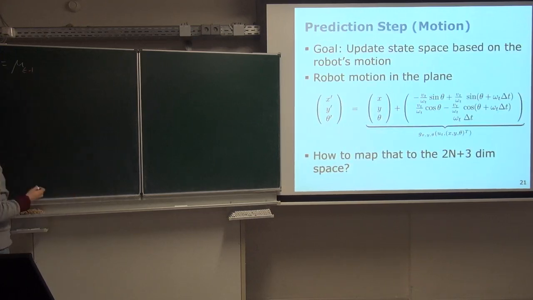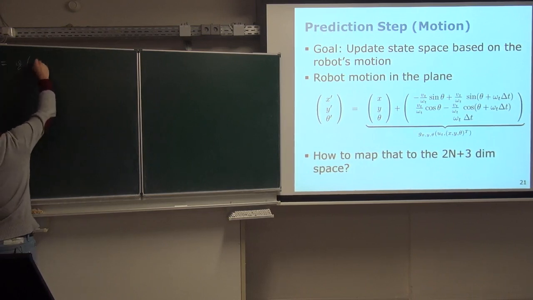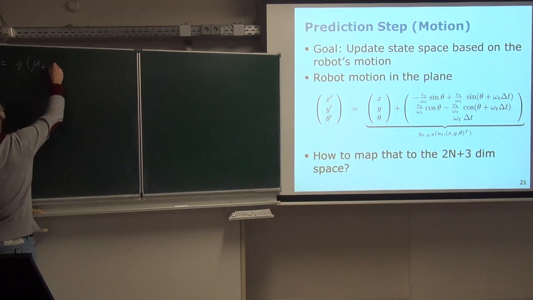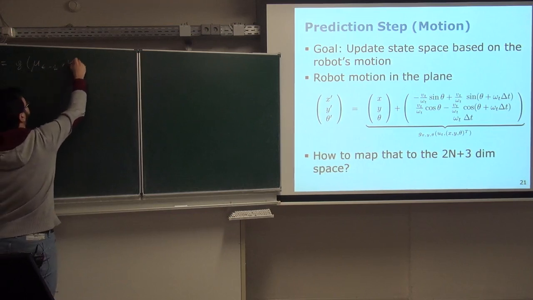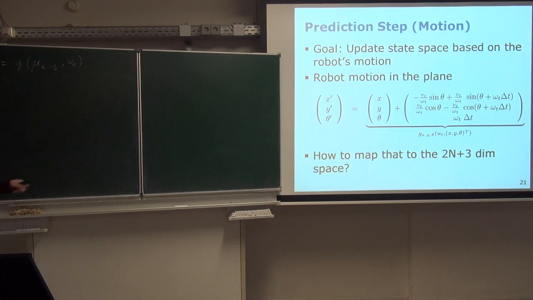And this actually is a function g of mu t minus 1 and u t, right? But now you've seen that this function is actually just on x, y, theta. So we need to find a way of projecting everything up there. So how do you think we can do that?